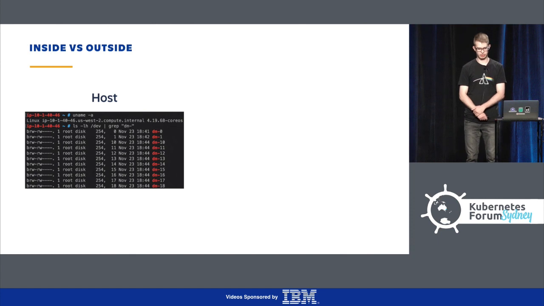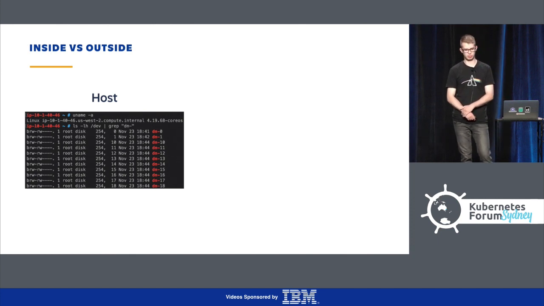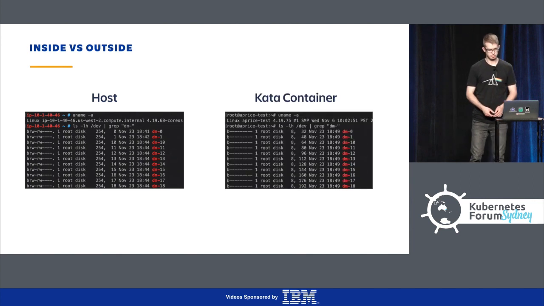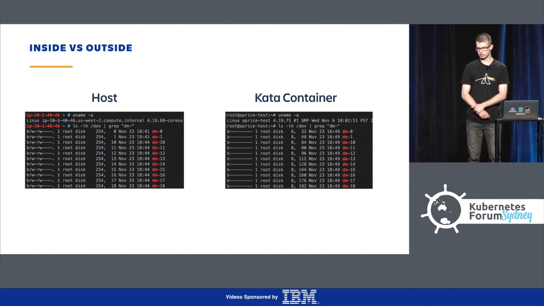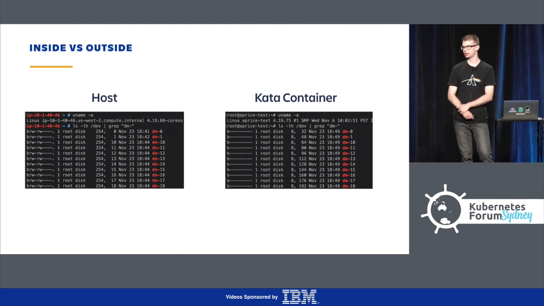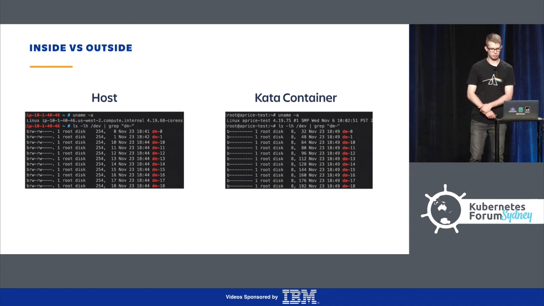For this example, I've listed out all of the device mapper devices that we're using in our Kata containers from the host side. When we run our privileged container on Kata, we also get all those devices within our VM, which breaks the isolation that we thought we would have with Kata.